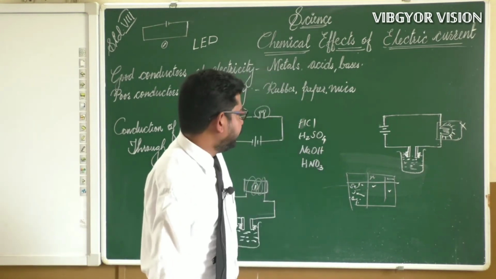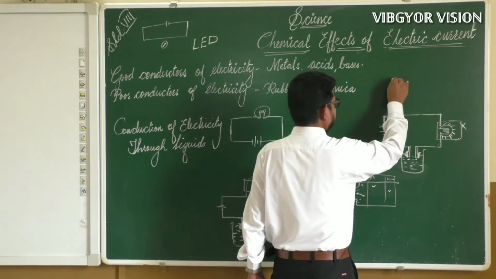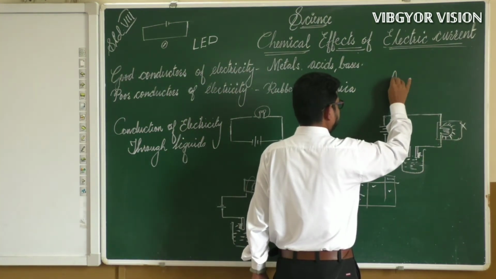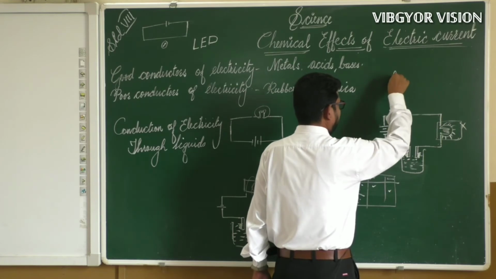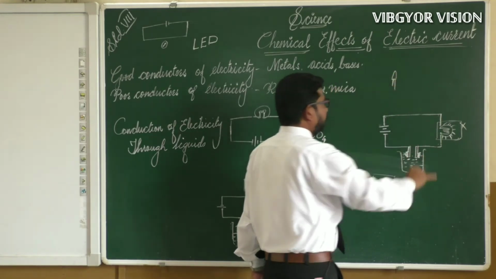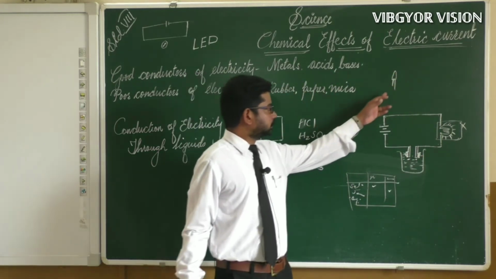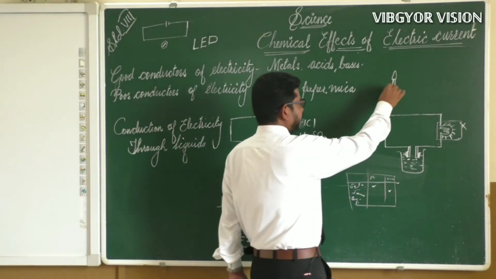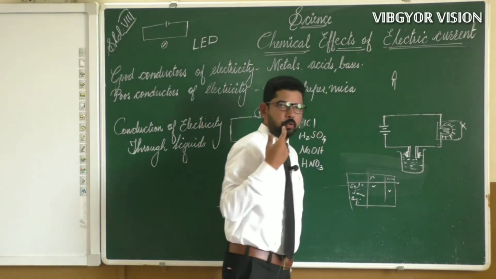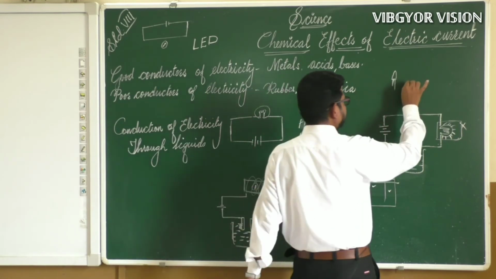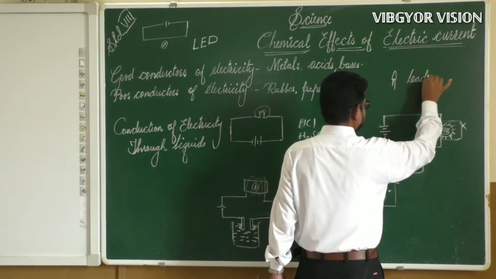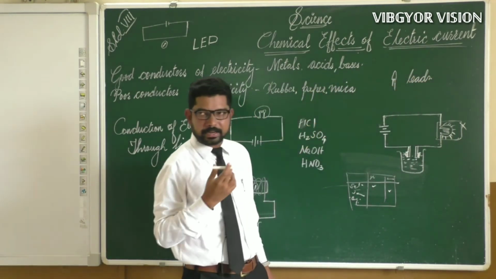When you see an LED, suppose an LED may be like this. In an LED we can see two terminals, like this. There are two terminals to connect the wires.